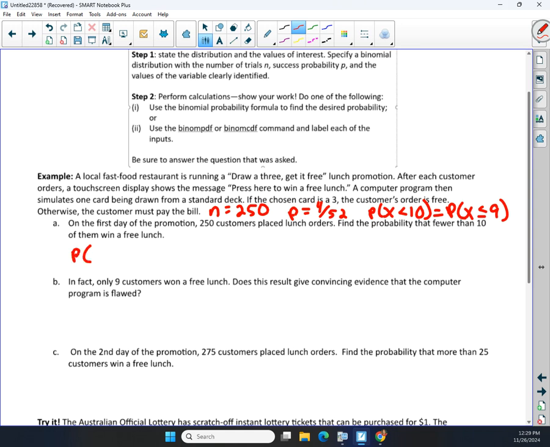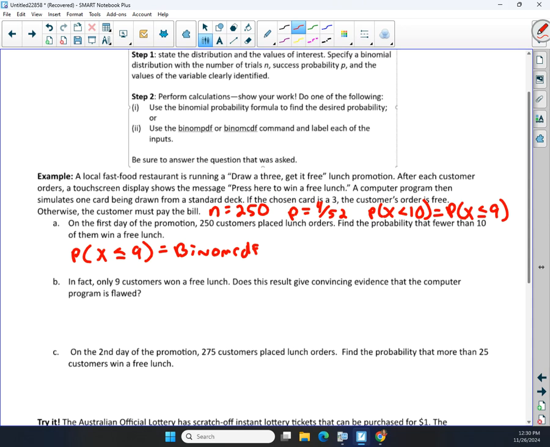So the probability of x being less than or equal to 9 is binomCDF because I want 0 to 9 to occur. And I don't put 10 in because the binomCDF goes all the way up to the last number you put in. And if it's less than 10, 10 is not included.